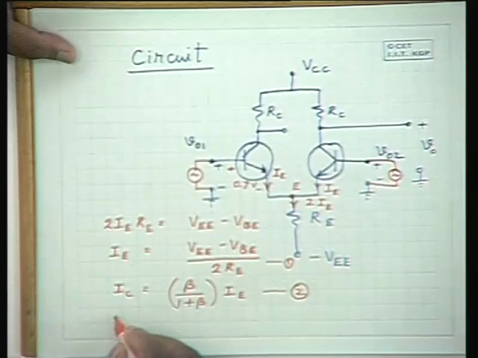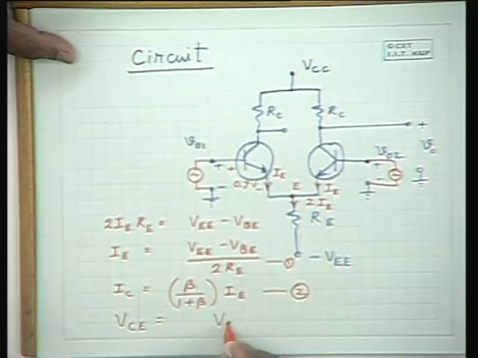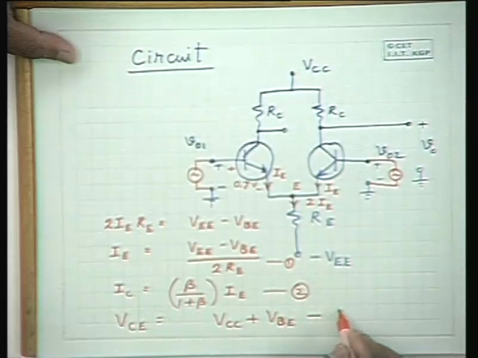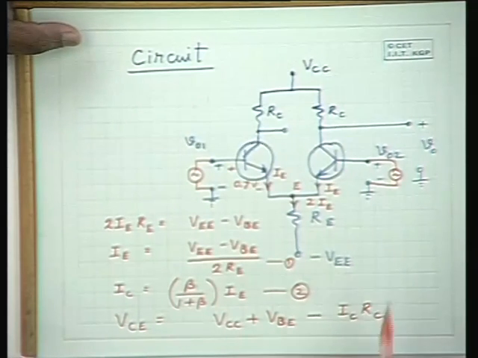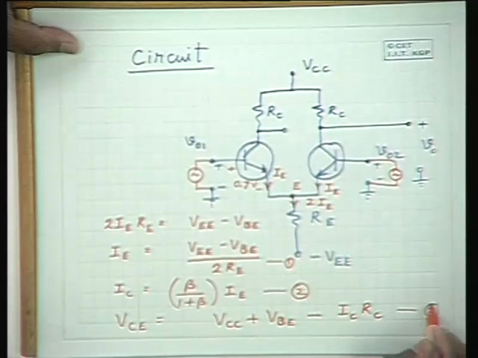Therefore, VCE is equal to VCC plus VBE minus IC into RC. The same VCE is applicable at both the transistors. So, this is equation 3.